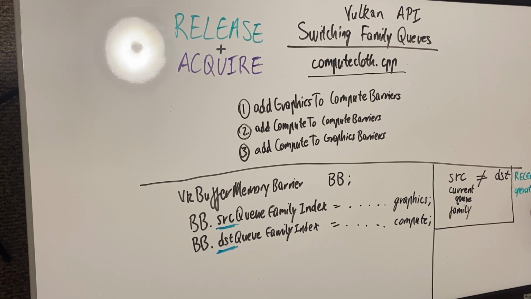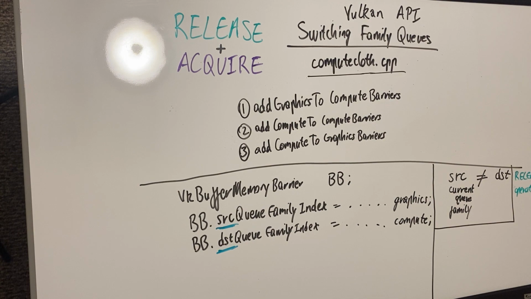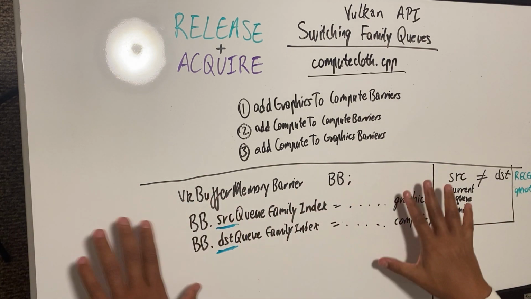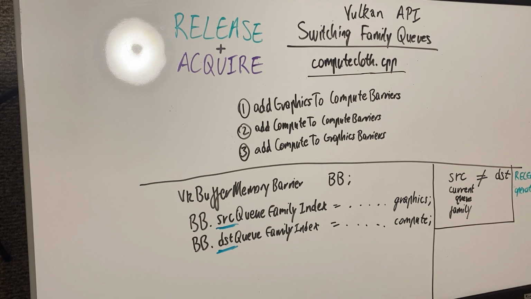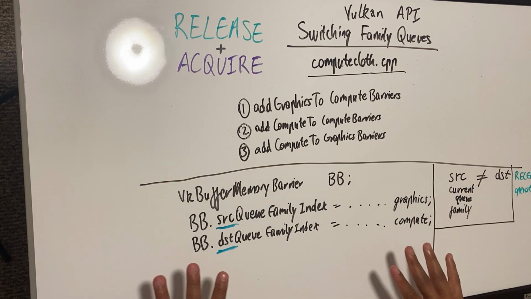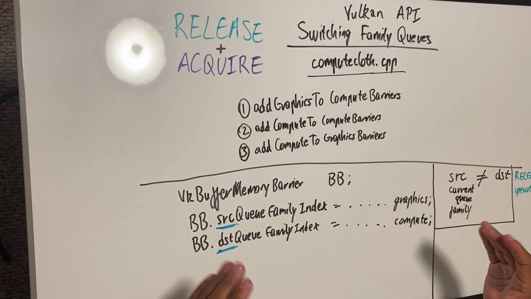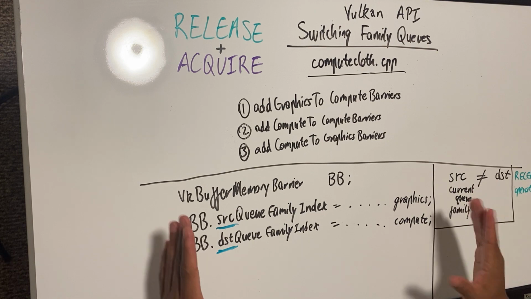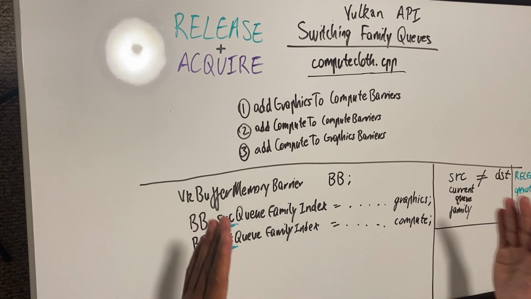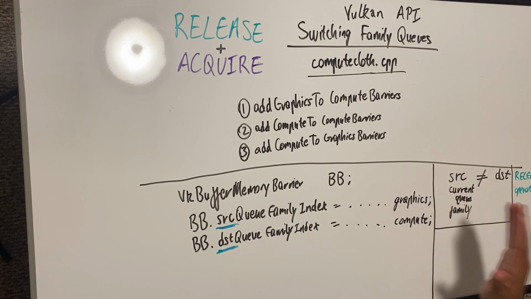The reason it's a release operation is because your source queue family matches the current queue family that you're in. So you're currently in the graphics queue family and running this piece of code, and when the source queue family matches the current queue family, this boils down to a release operation. So you're releasing this from the graphics queue family, okay?